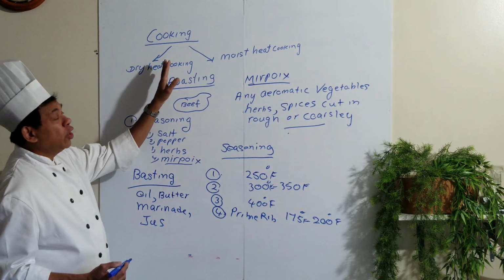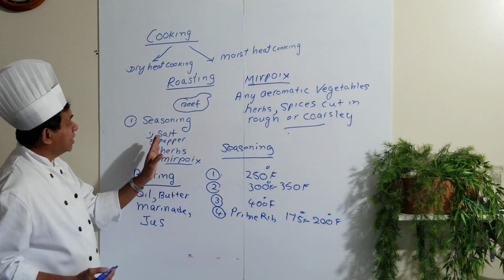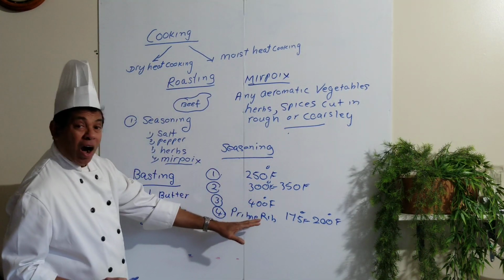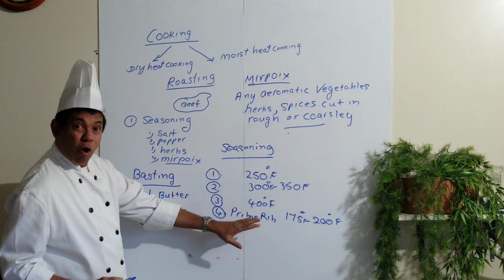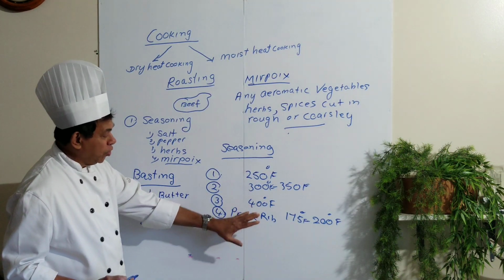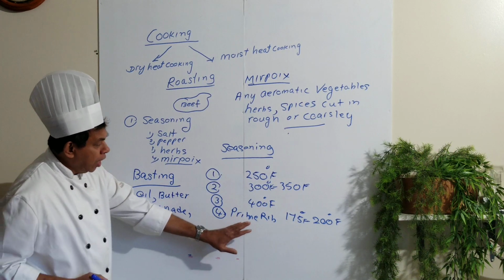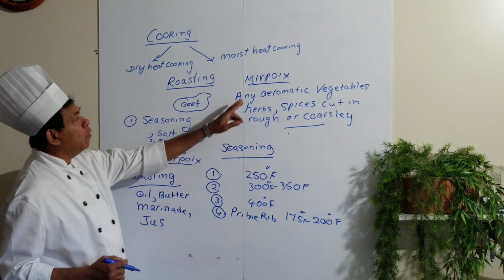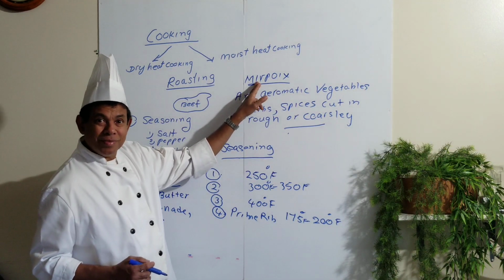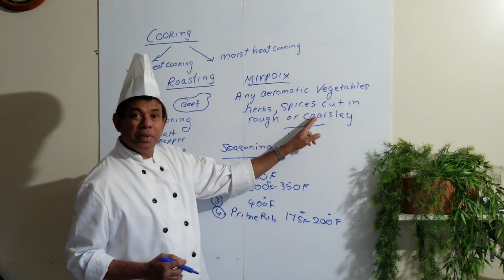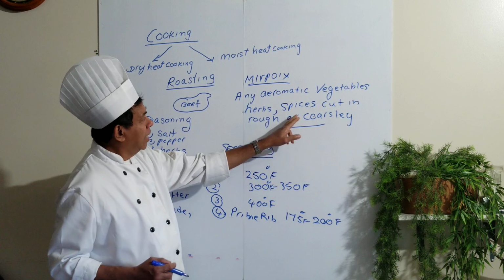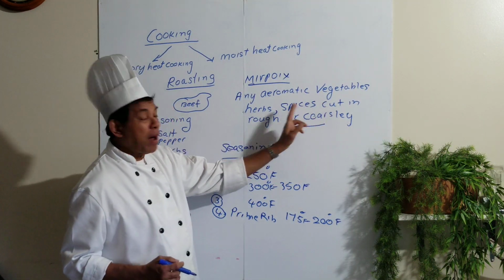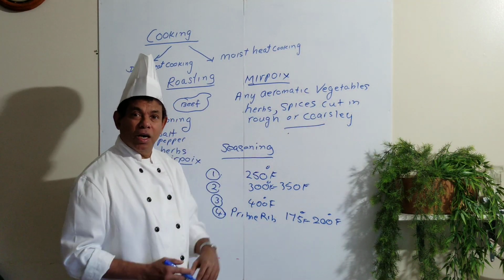Now you know what roasting is. You know the temperature of the oven for big meat, small portions of meat, long, slow cooking. You know what Mirepoix is: the aromatic vegetables or herbs or spices roughly cut, coarsely cut.